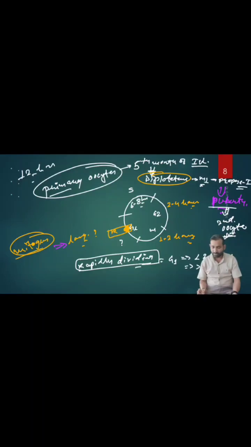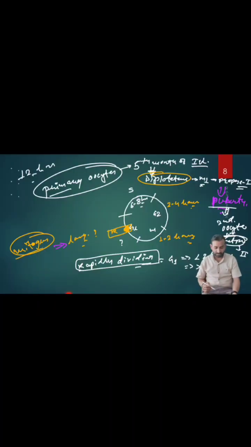This metaphase 2 will complete only when fertilization occurs. Otherwise, without fertilization, they will involute, they will die. After ovulation till fertilization, the time taken may be 2 to 4 days, right?